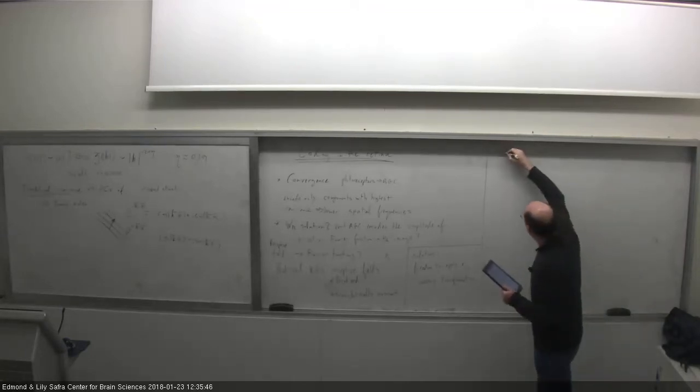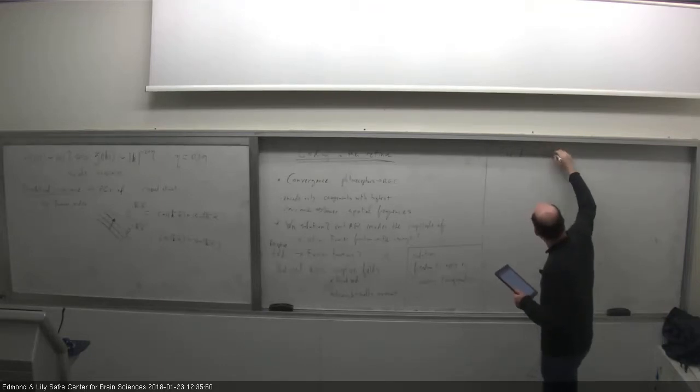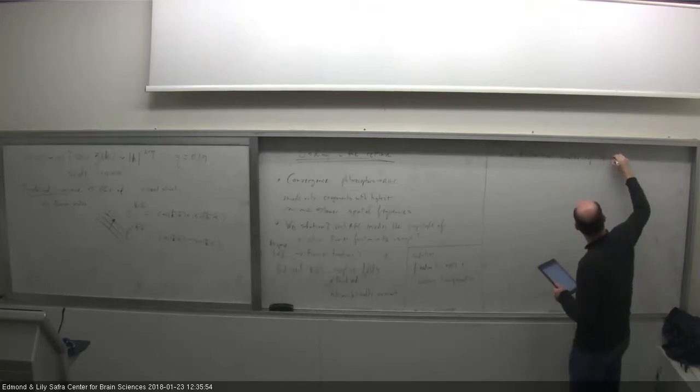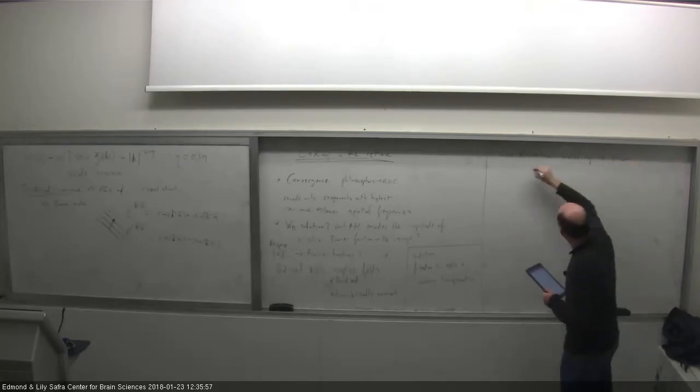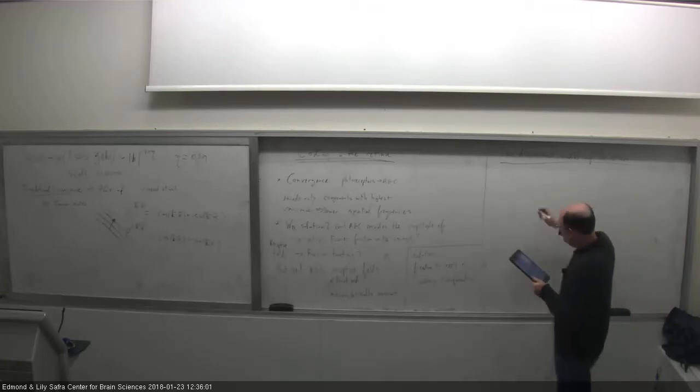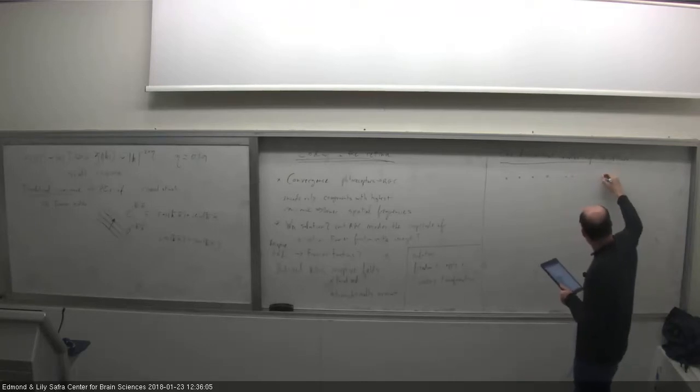So we discussed now a one-dimensional model of the retina. And the idea is going to be that we have our input layer, which is the photoreceptors, and we have n of them.